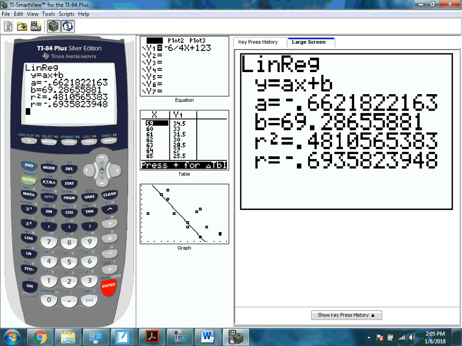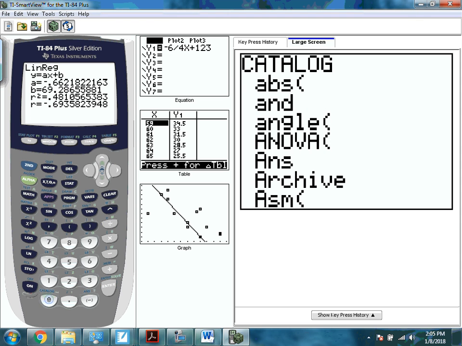Now, if your calculator is not showing the R value, I'm going to take you through a series of steps. After you do this, it will always show the R value, so you never have to do it again. All right? So, I need you to press the button that says Catalog. Catalog is second 0.